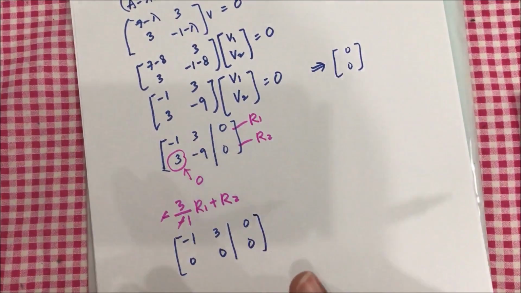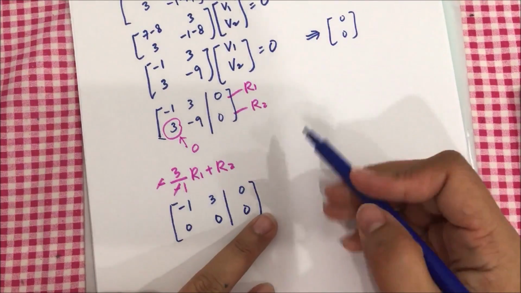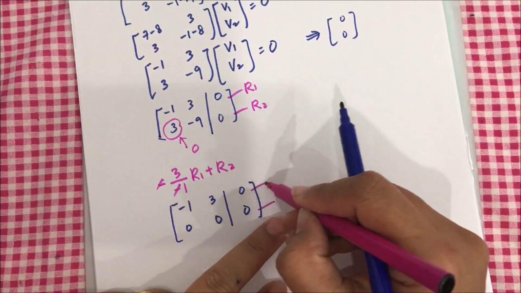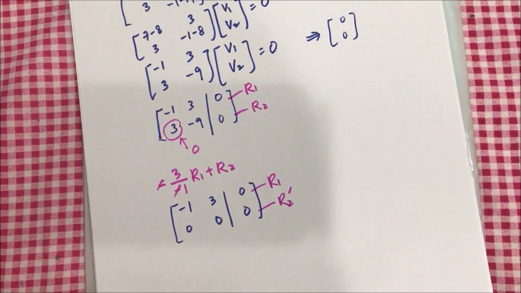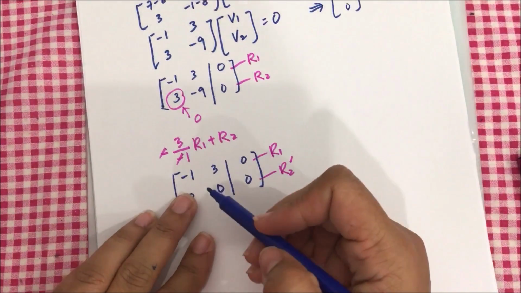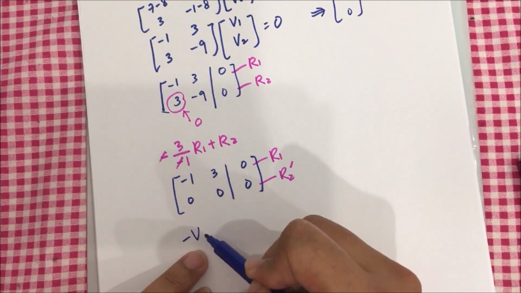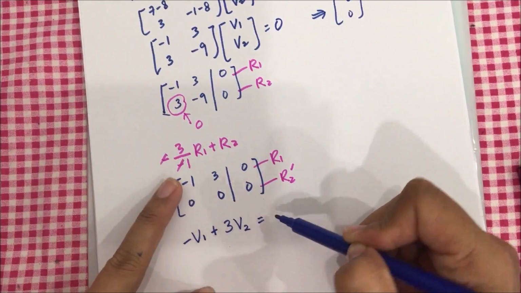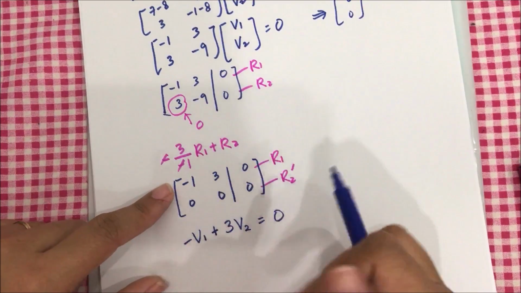I hope you probably know how to get this value. So now this is our R1 and this is a new R2. From here we know that negative 1 times v1 plus 3 v2 equals 0, because the other row is already 0, so we only have this equation.